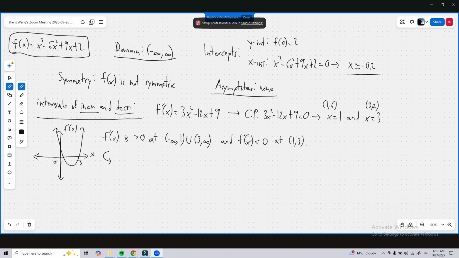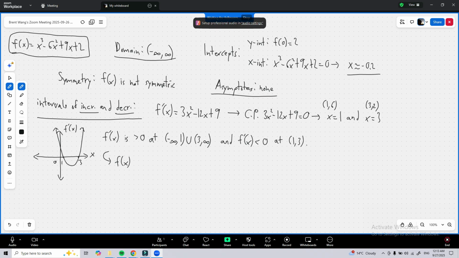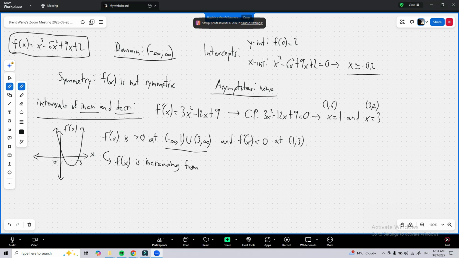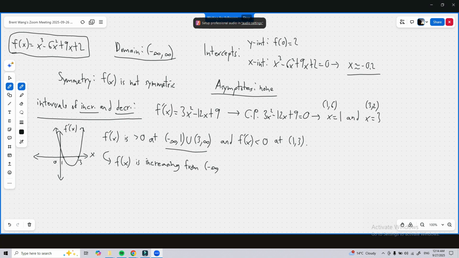So therefore, f of x is increasing here, increasing from negative infinity to 1 union 3 to infinity and decreasing from x equals 1 to x equals 3.